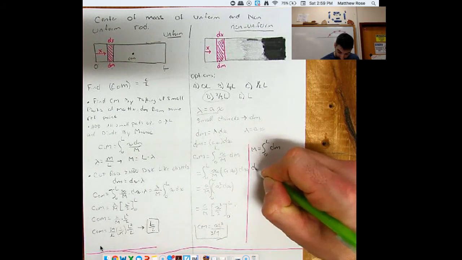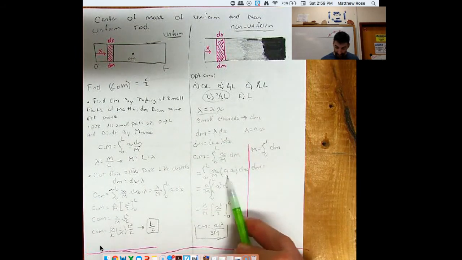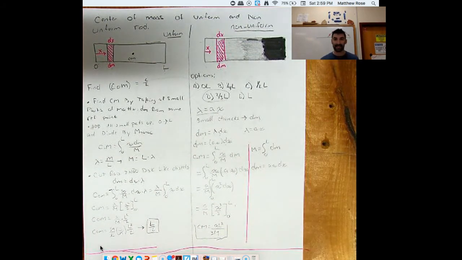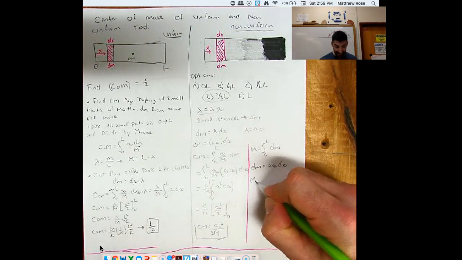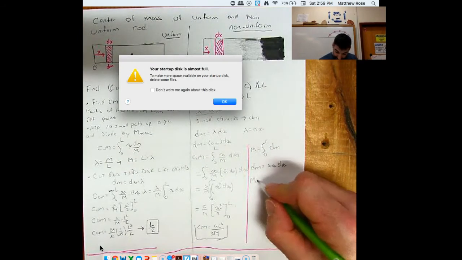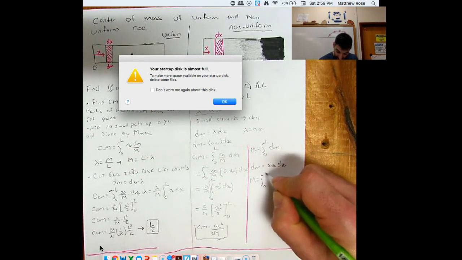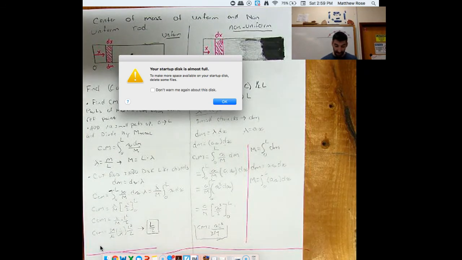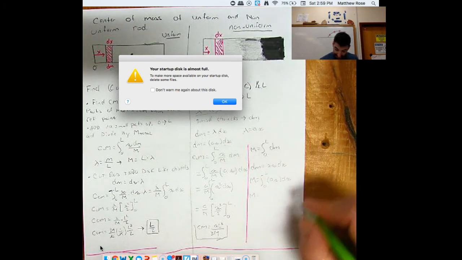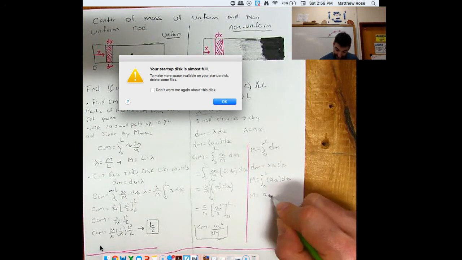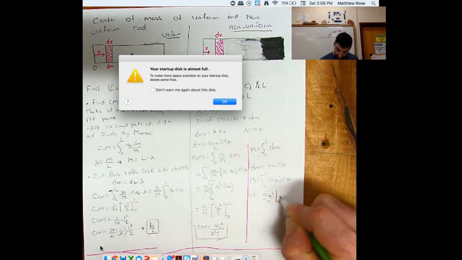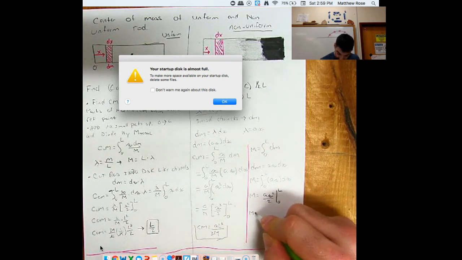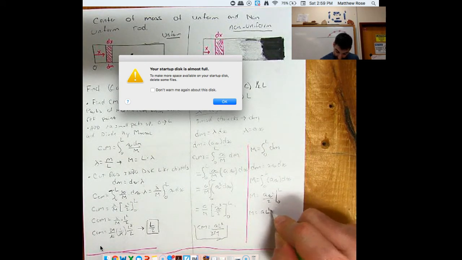We already know dm is equal to ax dx, which means I can say the mass is equal to the antiderivative from 0 to L of ax dx, which means my mass is equal to ax squared over 2 from 0 to L. Obviously, the zeros go away again, which means my mass is equal to aL squared over 2.